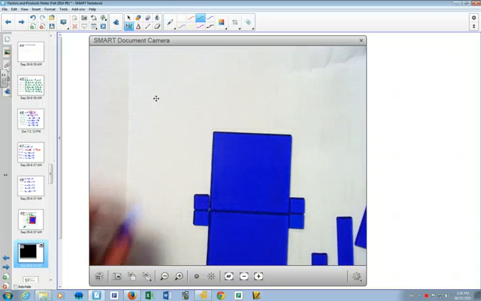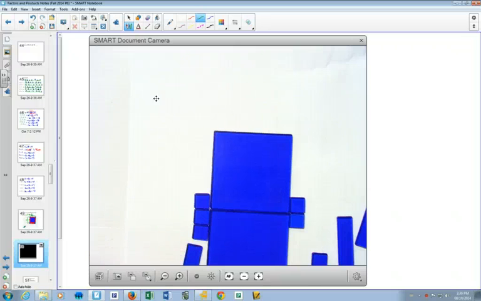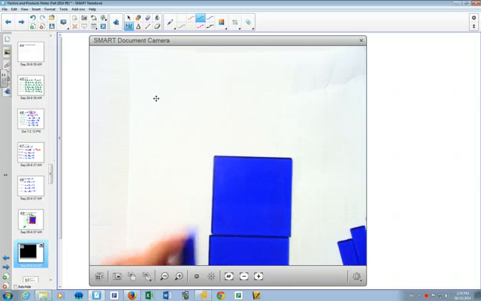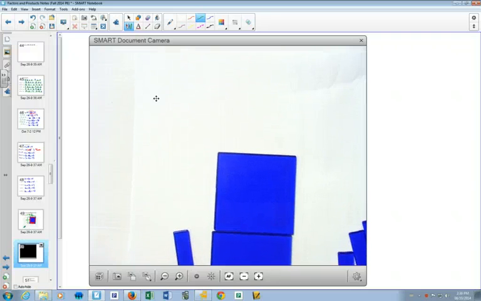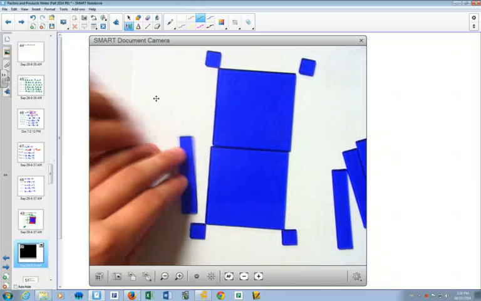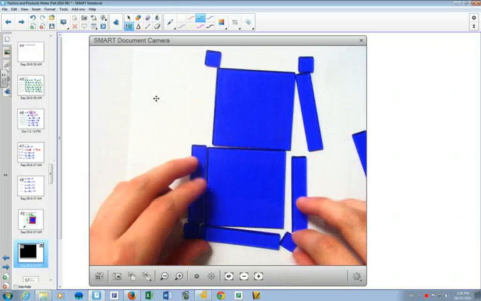One of the things you find with the Algetiles, when you line up a 1 along an x side, like you're doing there, it's never going to match up. So you can only line up the 1s on the sides of the x tile, and you can line up x's on the sides of the x squared tile. Like that? Because that will match up with that one and this one.